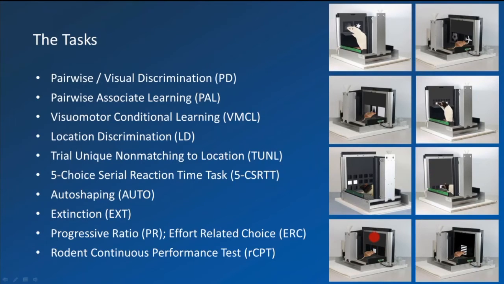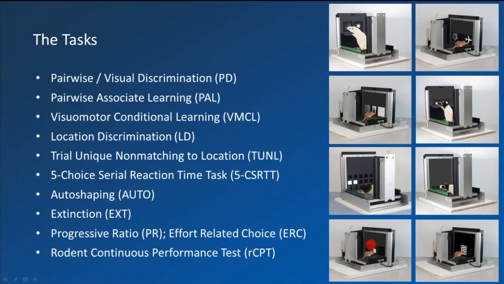There's an extinction task where you simply reward for touching a stimulus in the center, and then after a while you stop rewarding and see how quickly the animal gives up touching the screen. The progressive ratio task, in place of the usual lever for this task, we have a white square shown which disappears briefly on being touched.